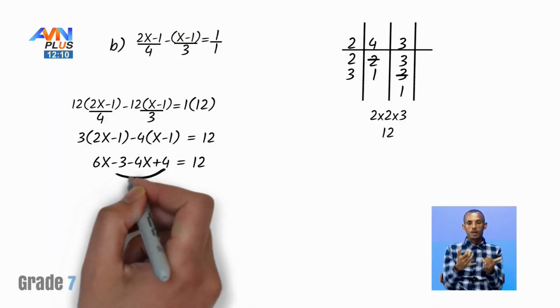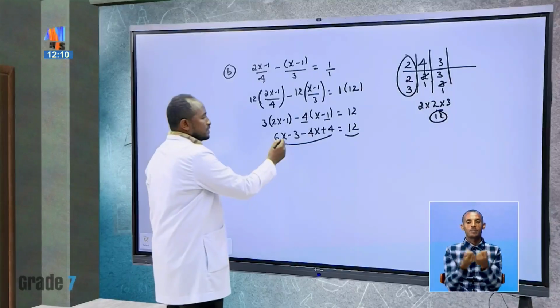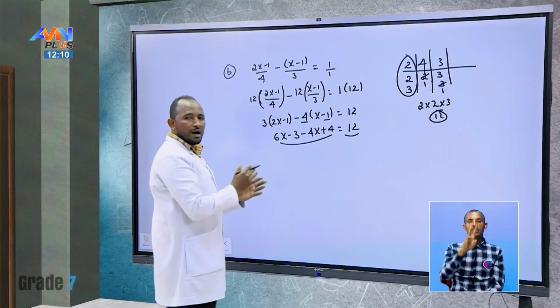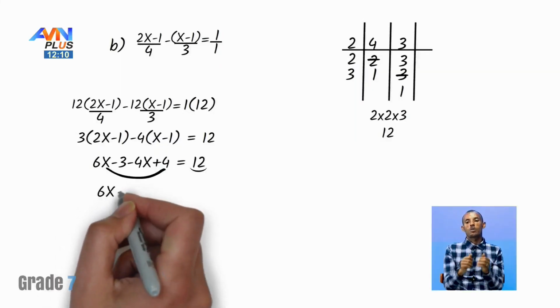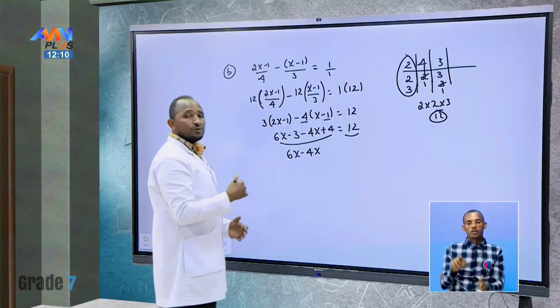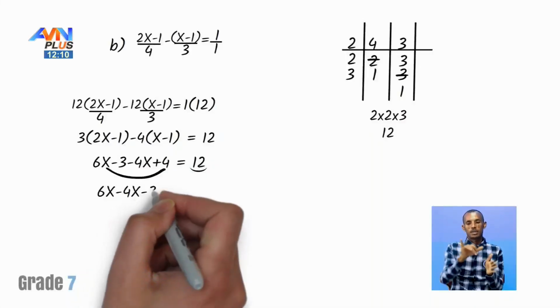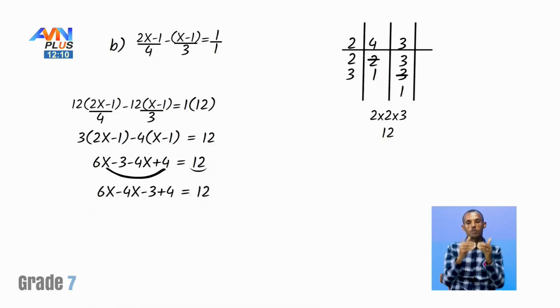Now, let's collect like terms. Here, the variables 6x and minus 4x are on the same side. Let's put them together without changing their sign. 6x minus 4x. Again, minus 3 and 4 are also on the same side. So, let's put them together without changing their sign, is equal to 12.